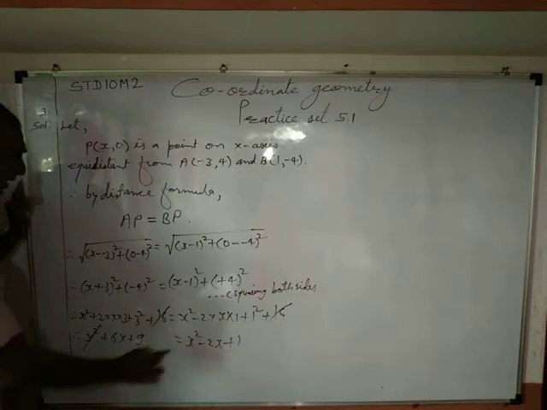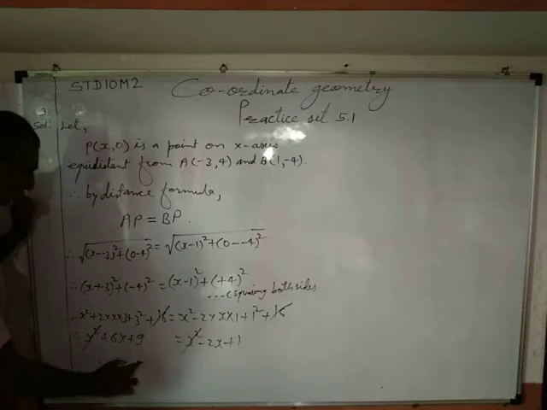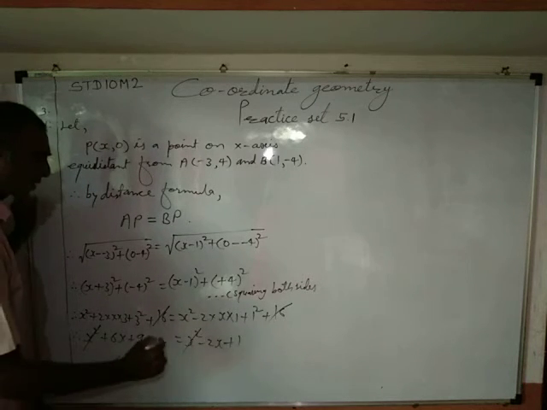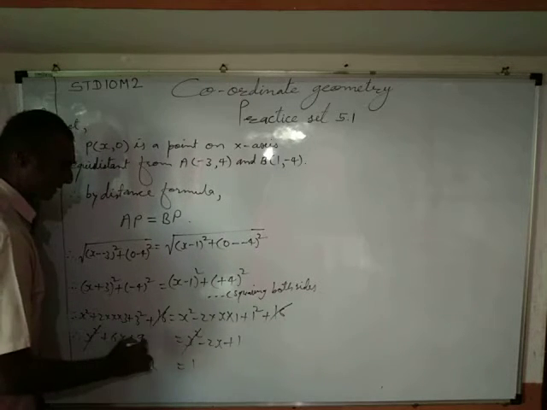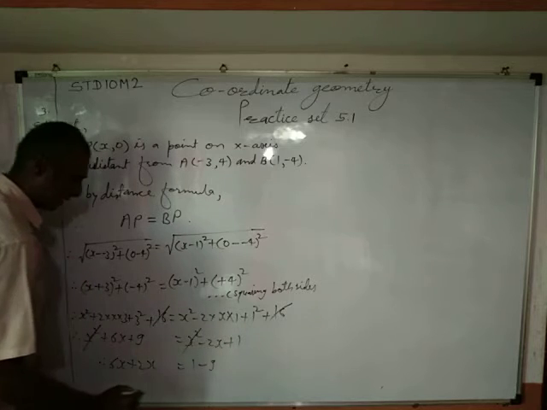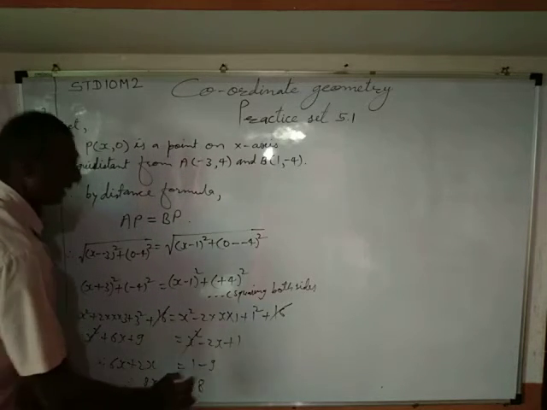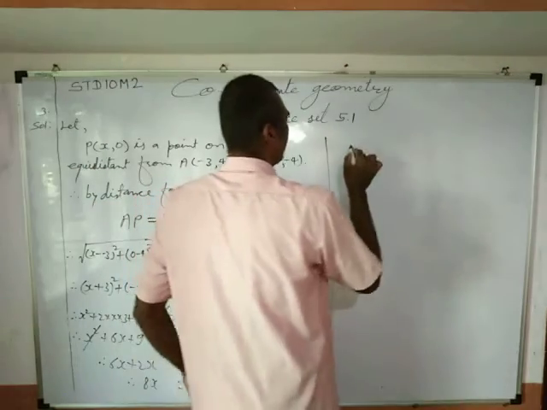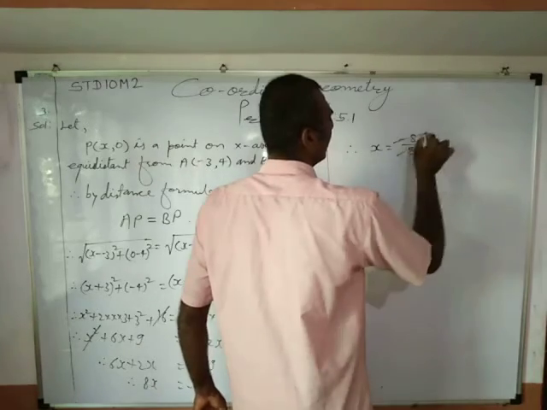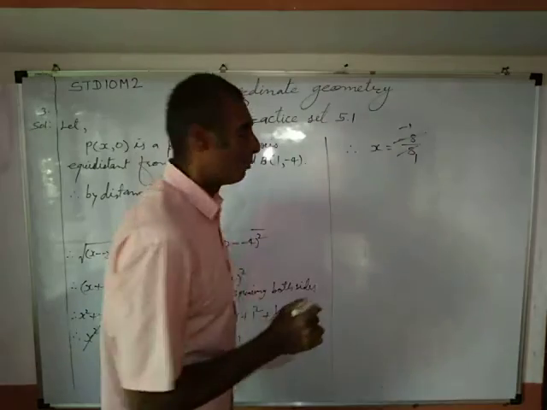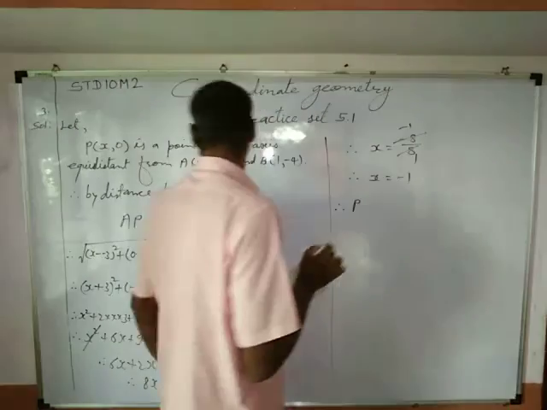X square from left will cancel with x square at right, and therefore 6x minus 2x, on transfer from right to left, we get plus 2x, that equals 1 minus 9 at right side, and therefore 8x equals minus 8, and therefore x equals minus 8 upon 8. 8 ones are 8, 8 minus ones are minus 8, and therefore x equals minus 1.